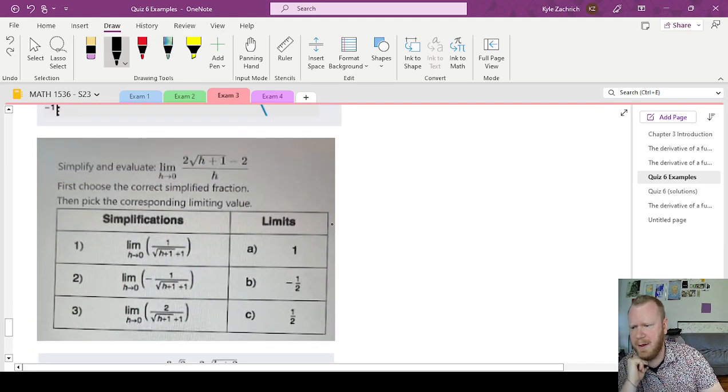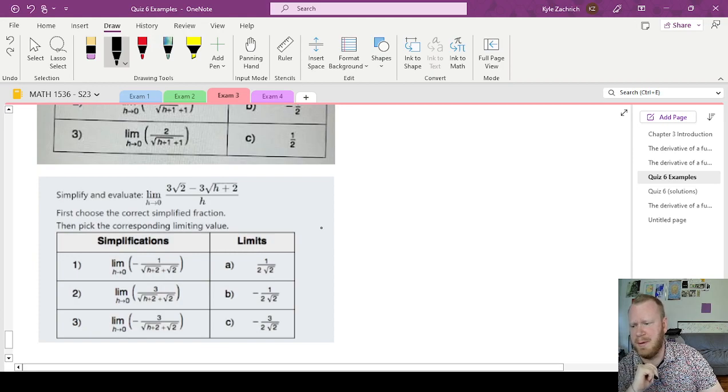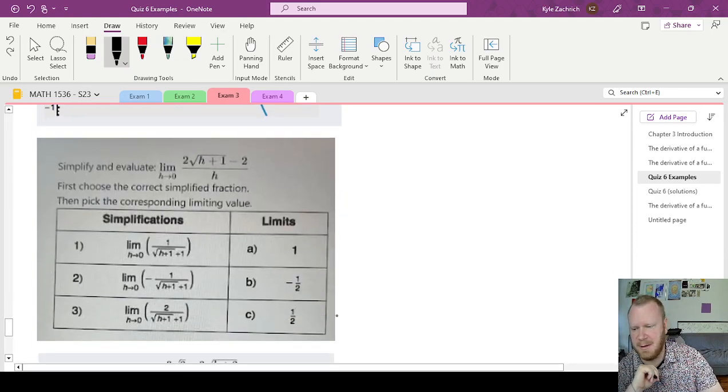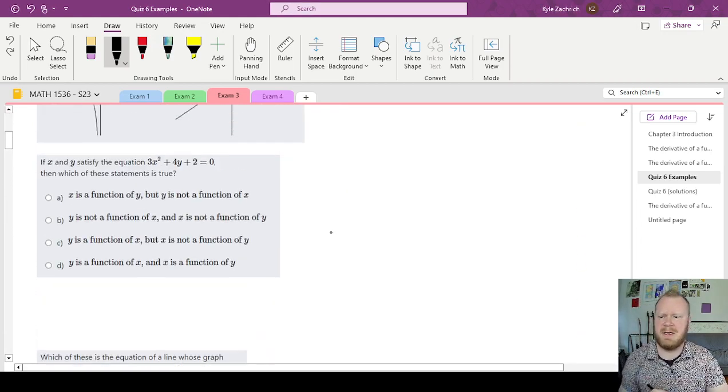So here's one of them, but basically these problems with the limit as h goes to 0 just use an algebra technique that you might not be familiar with, so we'll go ahead and work on that. But for now, I'll just start at the top here.